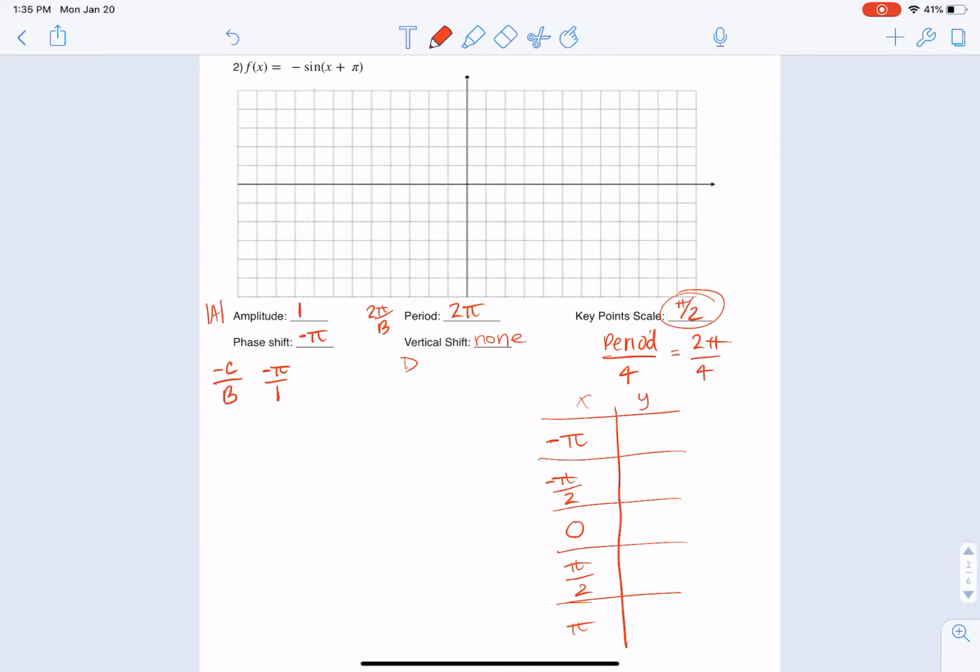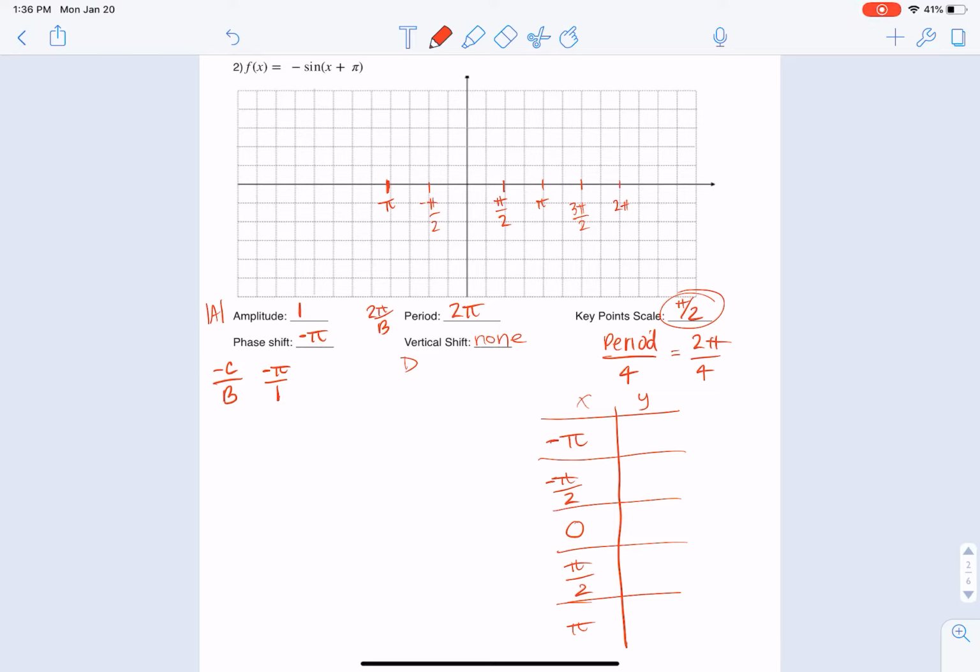So now I can work on filling in my graph here and filling in my table. So let's go ahead and let's call this pi over 2 and pi, and 3 pi over 2, 2 pi. We'll call this -pi over 2 and -pi.